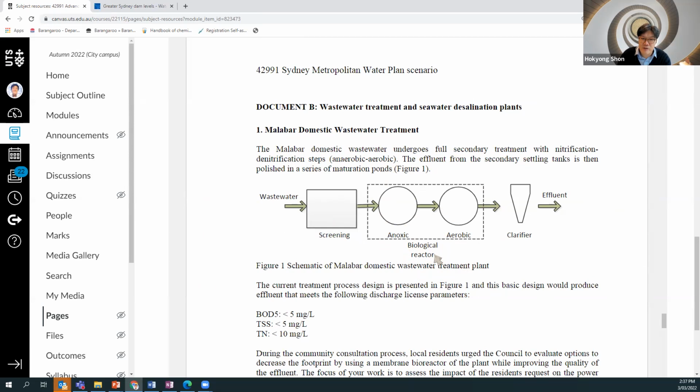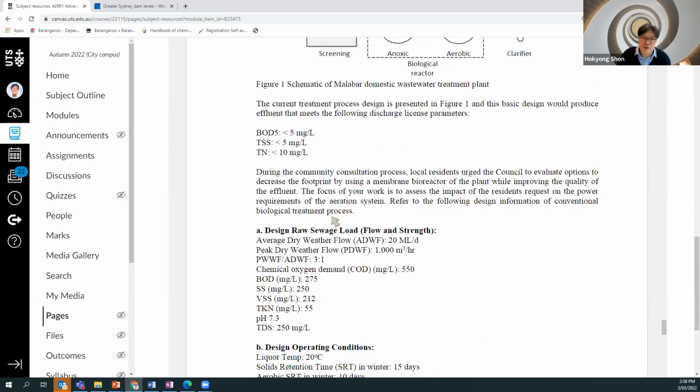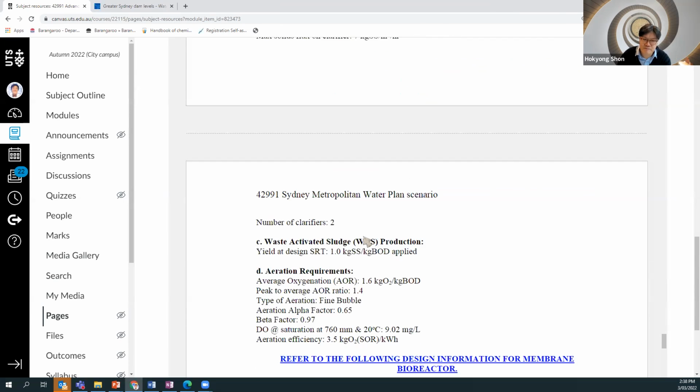So the biological treatment plant for the Malabar domestic wastewater can be replaced with an advanced membrane bioreactor. What's the design flow? What's the design operating condition?